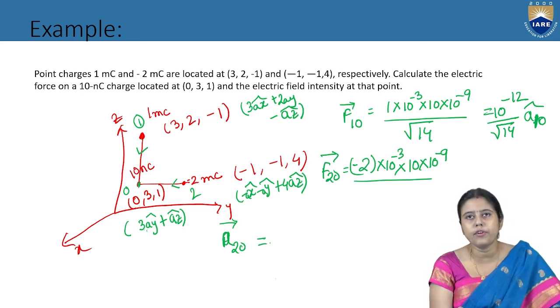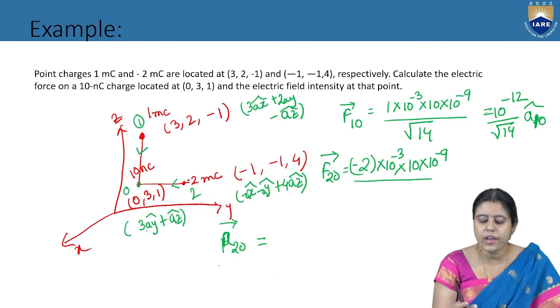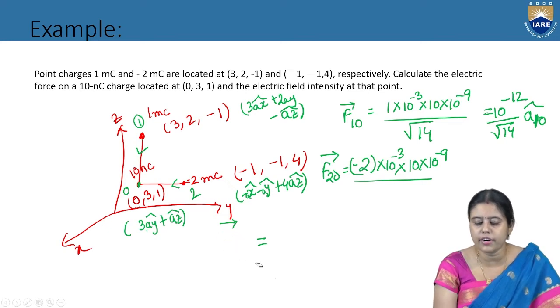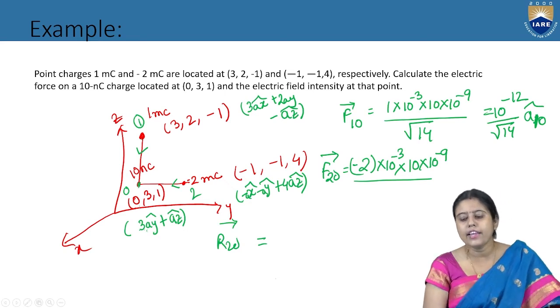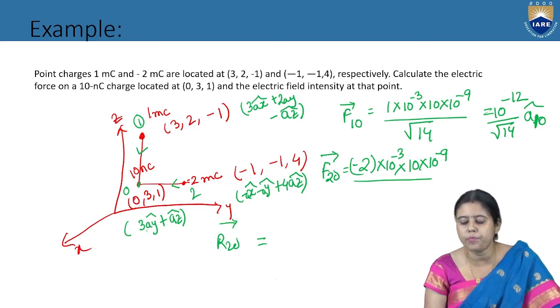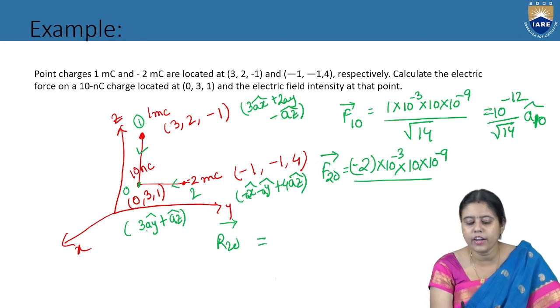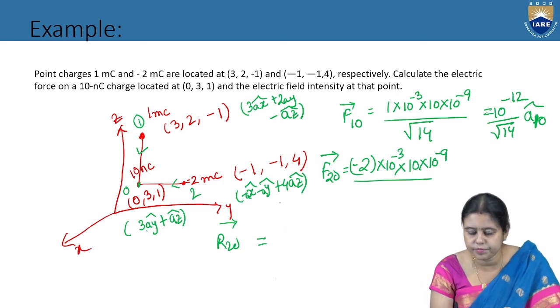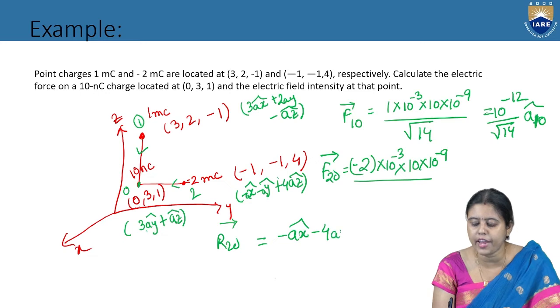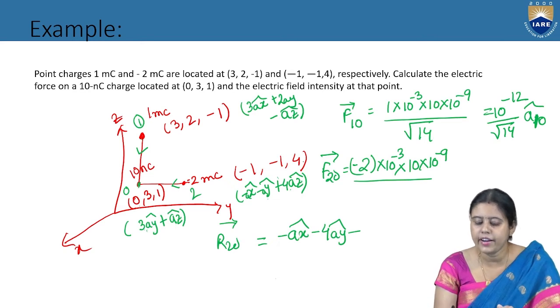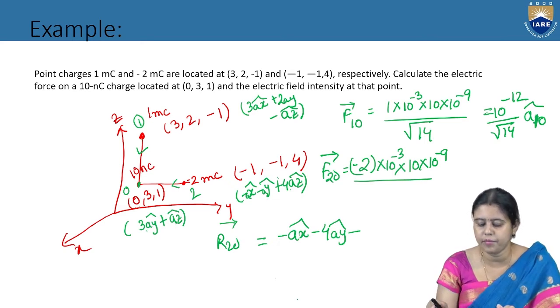What is the first? We have to calculate the length. How to calculate the length? End point minus starting point. And if we check all the end point and starting point, it will come minus ax hat minus ay minus 3y 4ay hat plus 4az minus az.